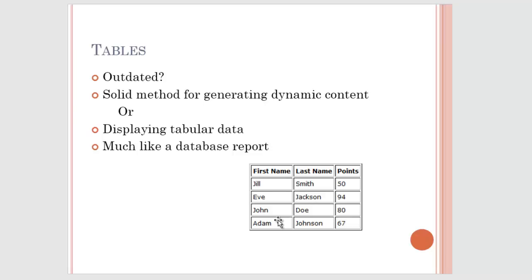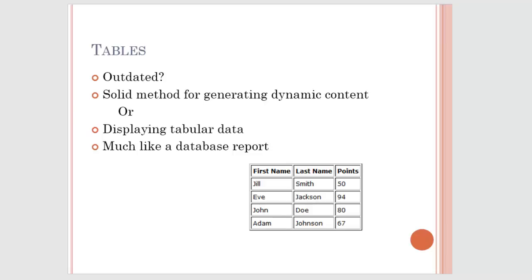You can do similar schemes with divs, and modern web development is more div heavy and less table heavy. If you could take a trip back to like the year 2000, everyone was using tables for layouts. The idea is that tables are not a great tool for layouts, at least that's kind of the reputation they have, and divs are more scalable. But we're not using them for layout, we're using them to display data. And if you've got a column of data, there's nothing wrong with a table.